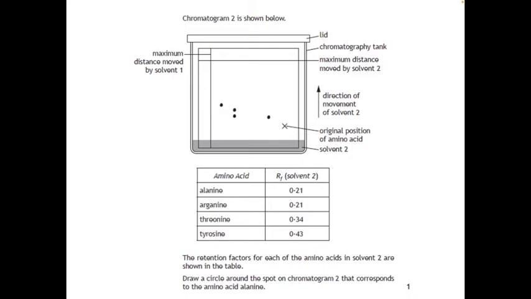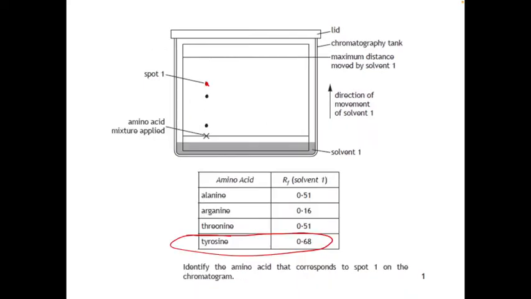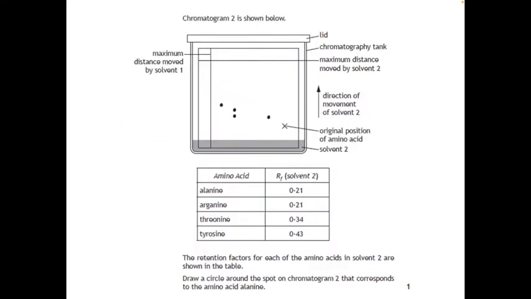The spot on chromatogram 2, which actually talks about alanine. So this is a wee bit tricky because we need to use information about what we had last time. So alanine would have been one of these ones in the middle. Because it travelled 0.51. And as you can see, that's got 2 that have the same. So when they do the 2D chromatography, then that's going to split into 2.